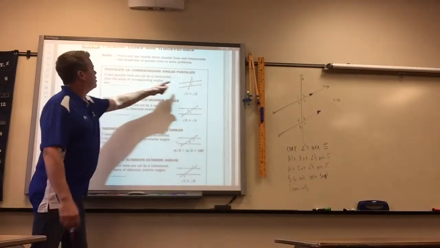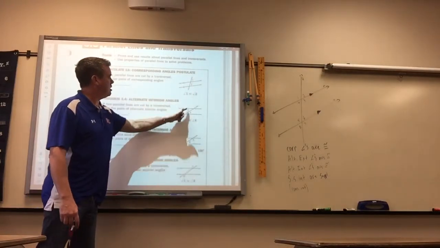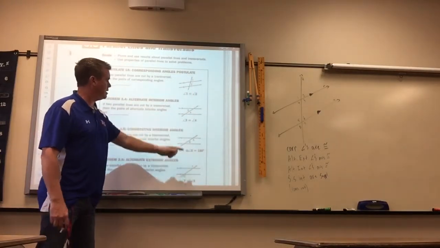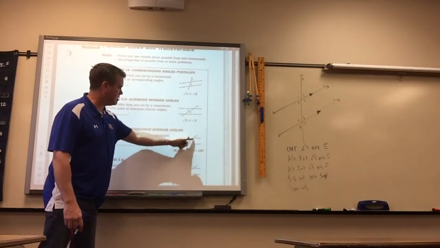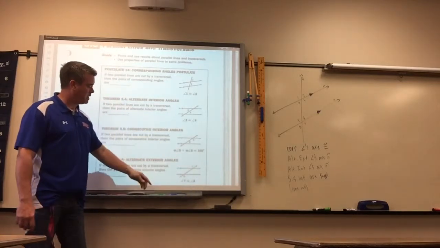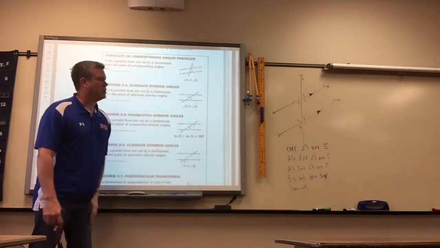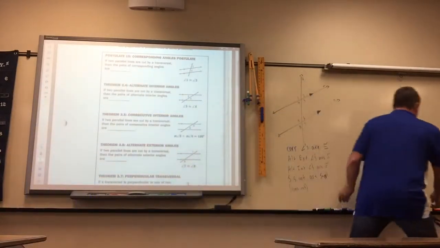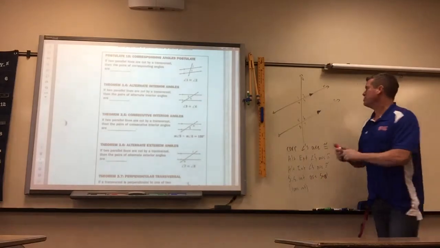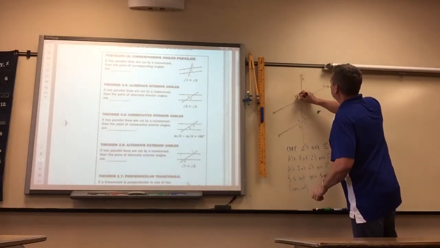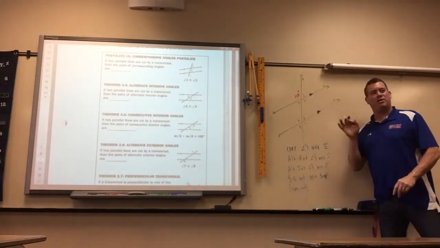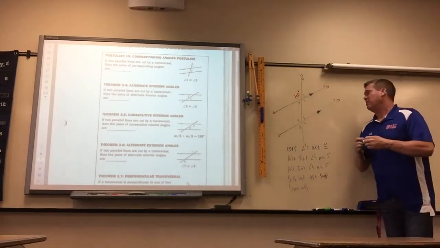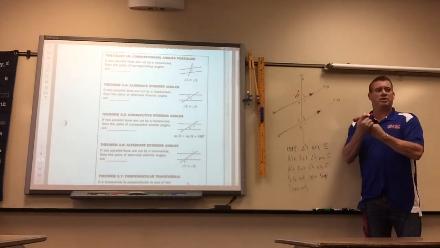Corresponding angles are congruent, alternate interior angles are congruent, consecutive interior angles are supplementary, they add up to 180, alternate exterior are congruent. So if you know one angle in this picture, which a lot of your problems will be like this, say we know this is 110, you can find every other angle. Yes, you can. The other 7 angles, there's only 2 choices.